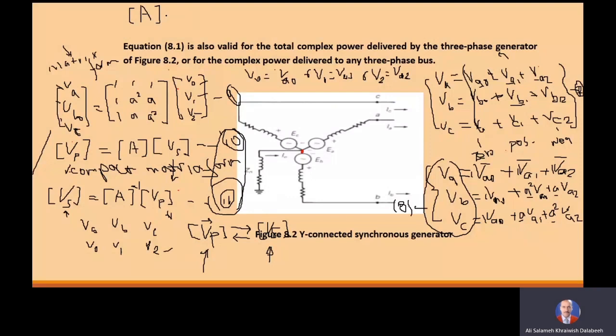As you see, matrix A is equal to 1, 1, 1; 1, A square, A; 1, A, A square.